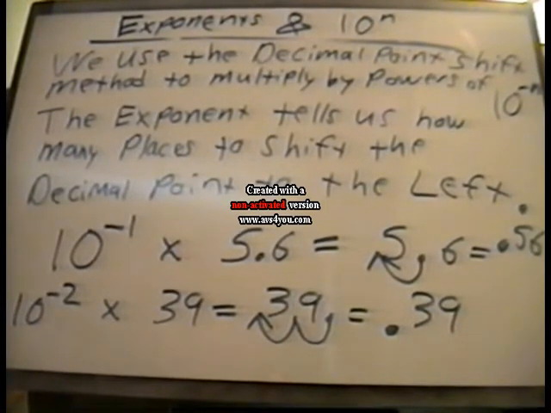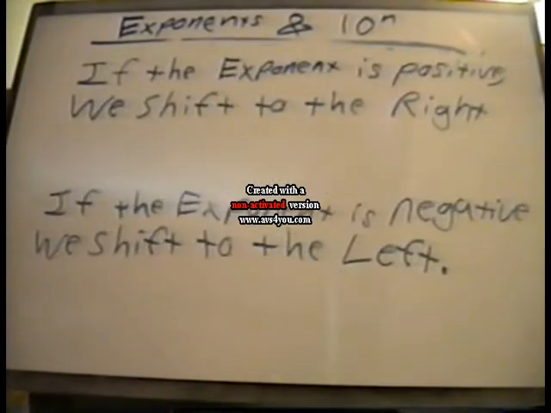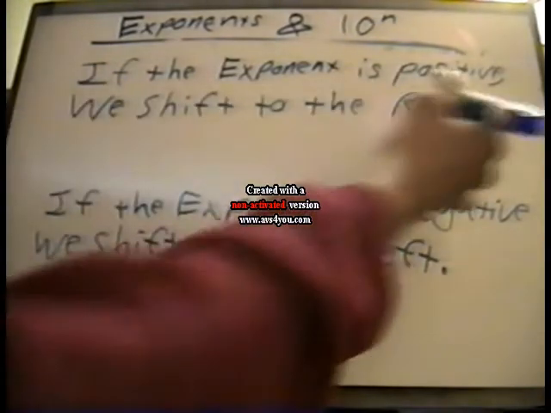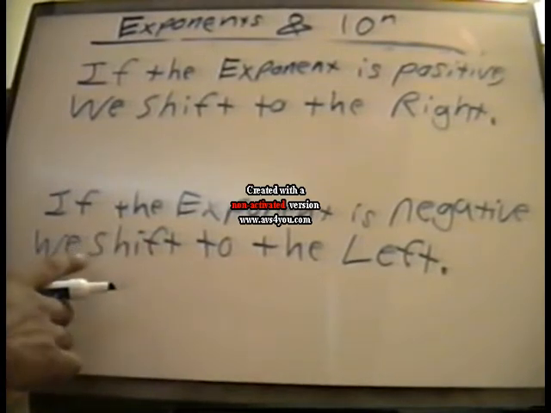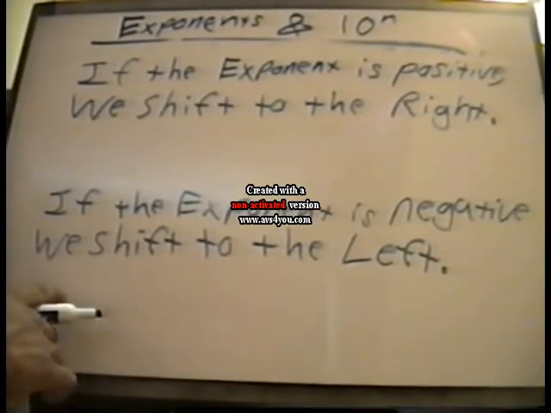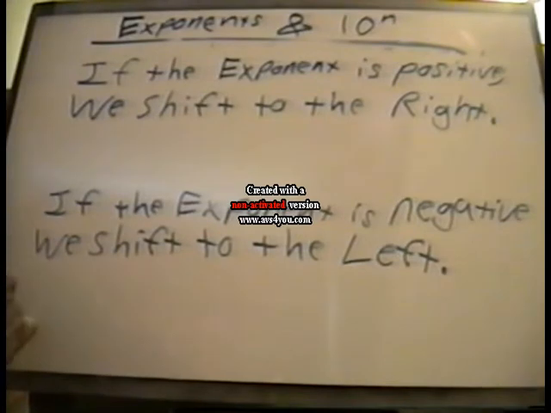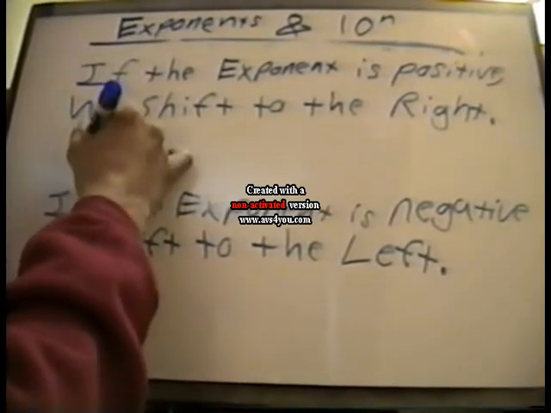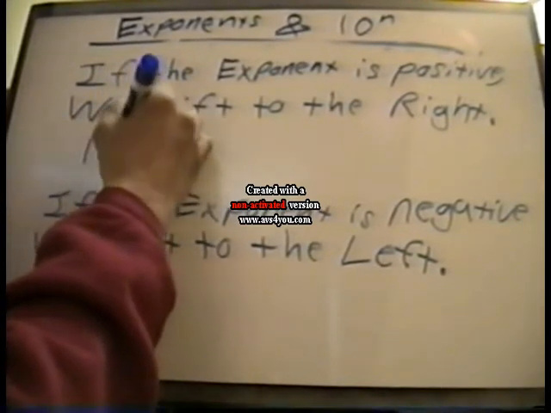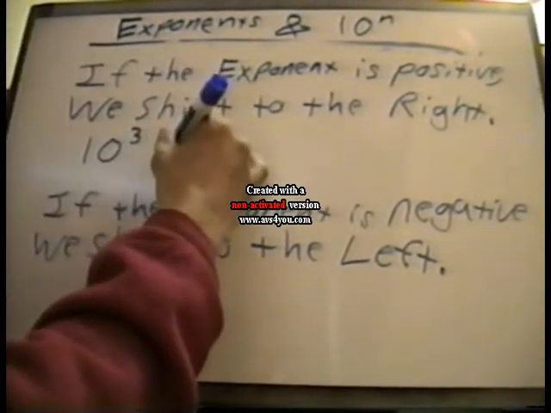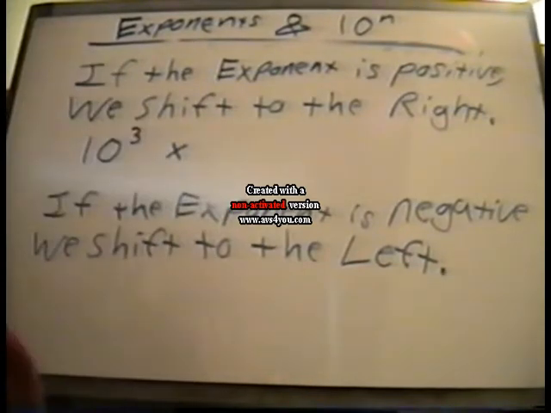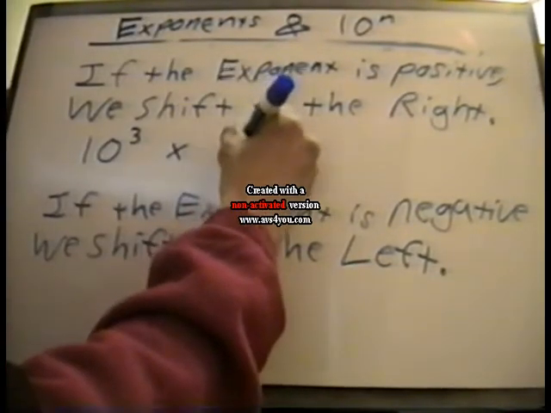We say if the exponent is positive, we shift the decimal point to the right. If the exponent is negative, we shift the decimal point to the left. For example, if we have 10 to the power of 3 times 3.45, we're going to shift our decimal point to the right.